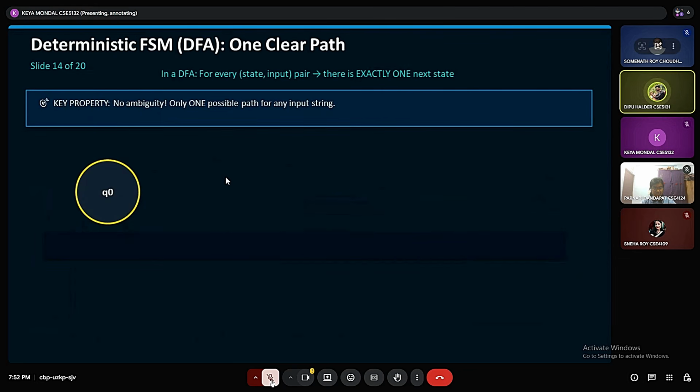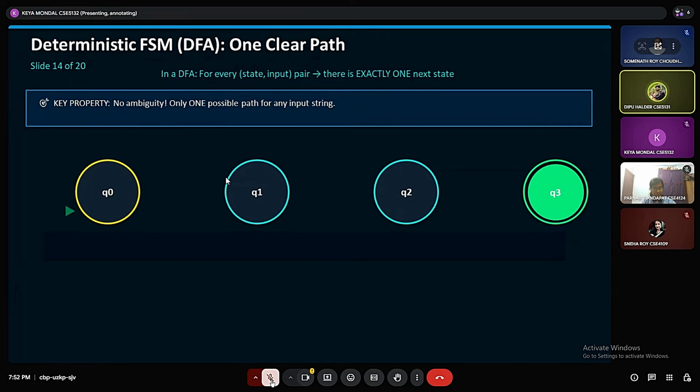Okay. Now we get to a very important concept, the difference between two types of FSM. First, DFA, deterministic finite automaton. The key property is no ambiguity, only one possible path for any input string.